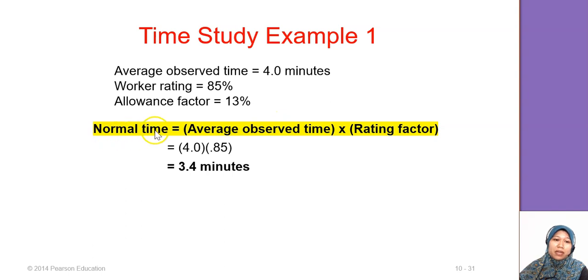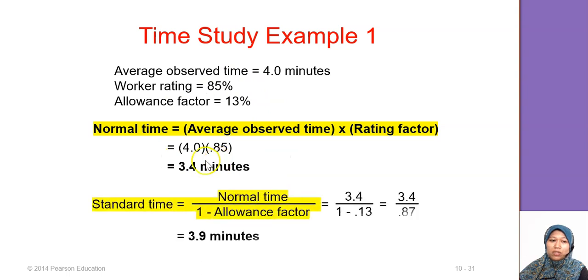So we start with the normal time. The average of the time given times the rating factor, 85%, 0.85, and we have 3.4 minutes. From this, we convert to the standard time using this formula. So the normal time is here, 3.4 minutes, divided by 1 minus 0.13, from the 13% allowance. So we get 3.9 minutes.